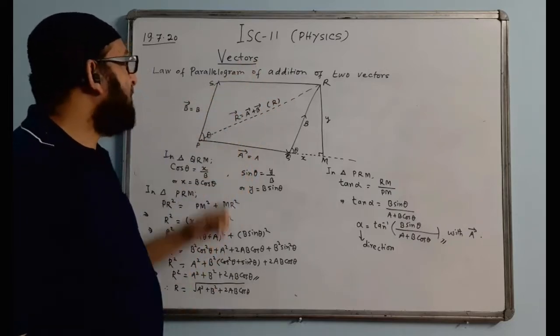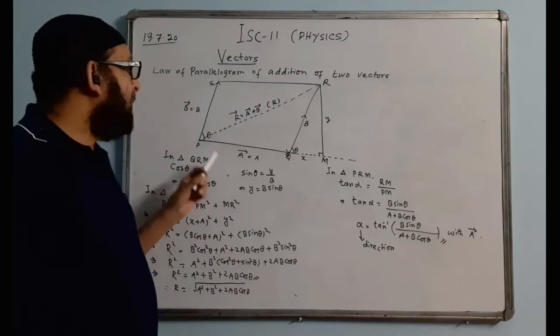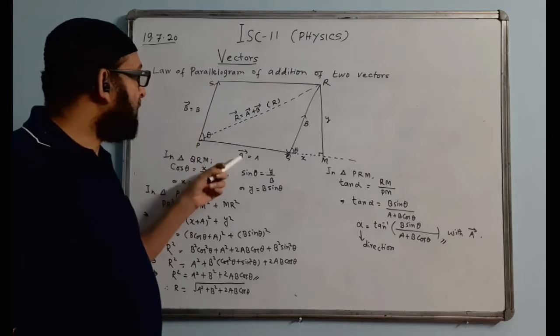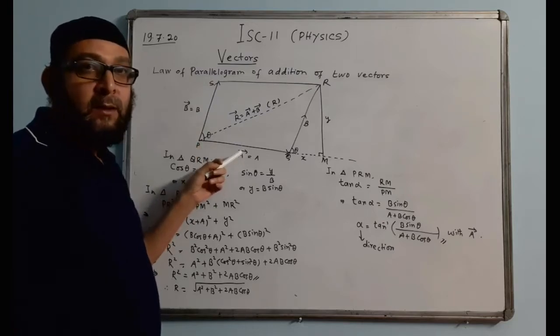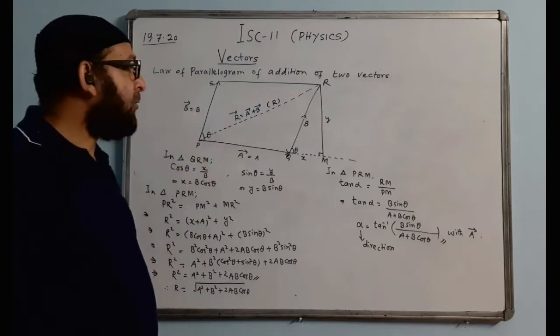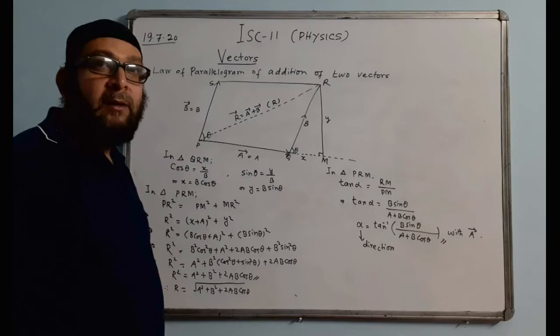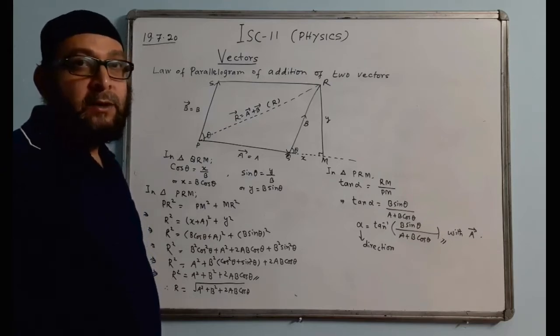So we say the statement like this. There is a statement also about it. When 2 vectors A and B represent 2 adjacent sides of a parallelogram, then the diagonal of the parallelogram from the common origin is the resultant of the addition of 2 vectors.